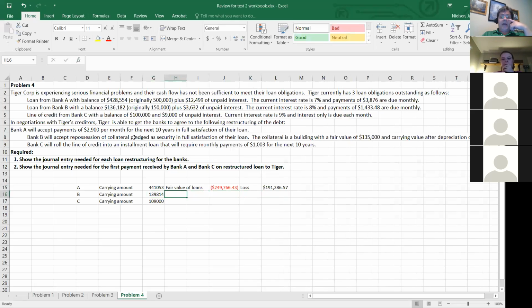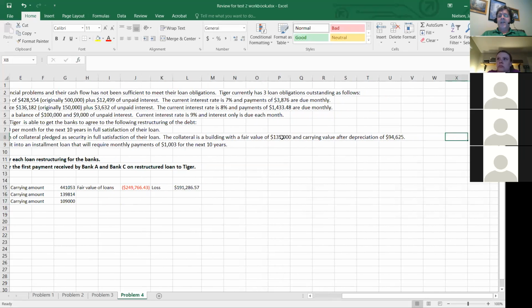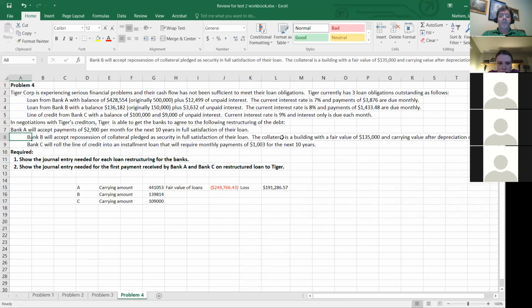repossession of collateral. So the collateral, we're going to repossess the building, which has a carrying amount of 94,625. So the bank is going to repossess that. So what are they going to get?